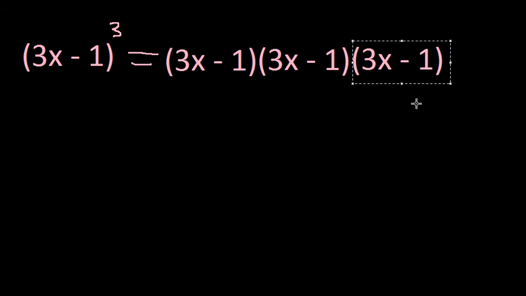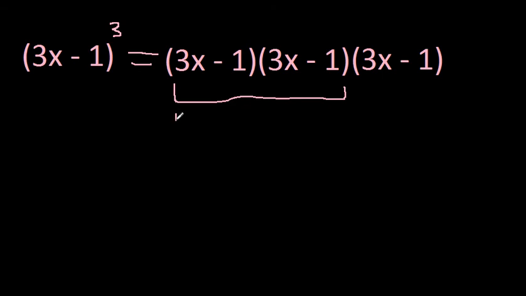So that is what a cubed binomial literally looks like. It's 3 factors of the binomial multiplied together. And what I can do is a series of distributive multiplication steps to multiply 2 of these terms together, and then we'll multiply the product of those times a 3rd factor of the same binomial.